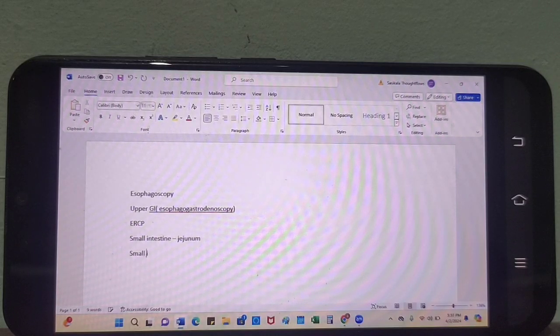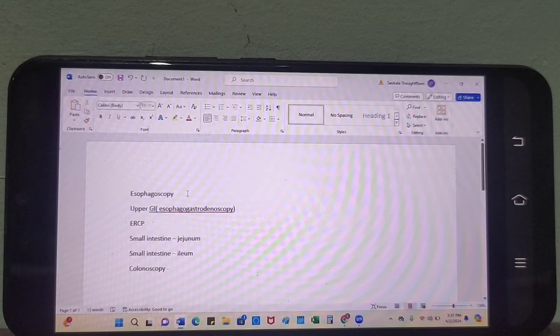Another small intestine scopy is ileum. Then colonoscopy. So these are the corresponding scopy for the entire alimentary canal, from esophagus to colon.